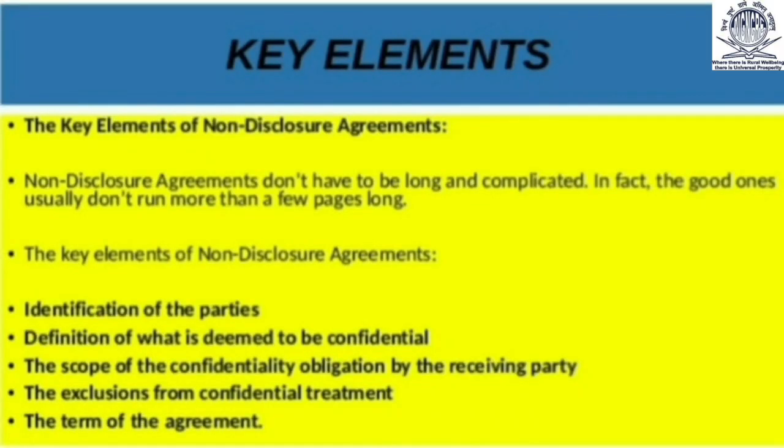The key elements of non-disclosure agreements are: non-disclosure agreements do not have to be long and complicated. In fact, the good ones usually don't run more than a few pages long. The key elements are: identification of parties, definition of what is deemed to be confidential, the scope of confidentiality obligations by the receiving party, the exclusion from confidential treatment, and the term of the agreement.